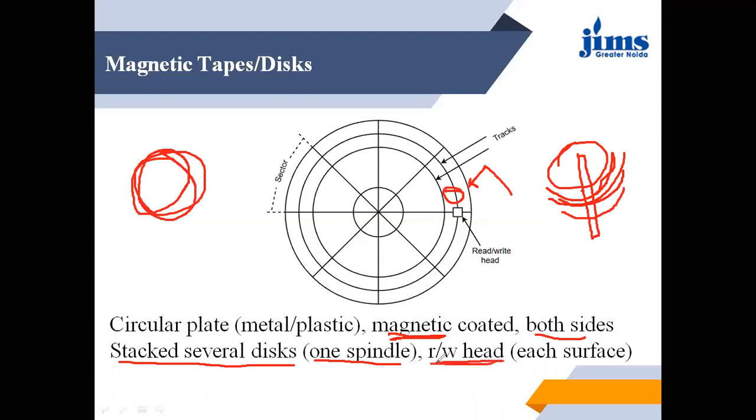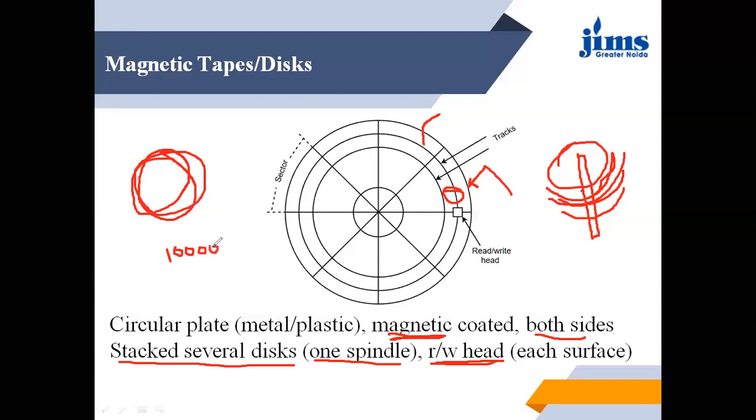Each and every side of the plate has a read and write head separately, as well as for the different plates. If I say that in a magnetic tape there are 10,000 circular plates, those are going to be used in both directions first.